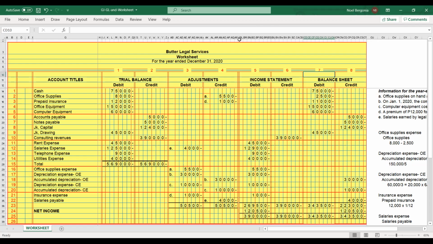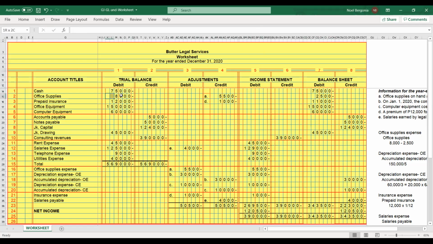So mawawala lang yung adjusted trial balance, pero ang mangyari lang din, parang 'di ba padaanan lang kasi adjusted trial balance ng trial balance plus adjustments, and then sinusort din natin siya into income statement and balance sheet. So what you can do is trial balance plus or minus adjustments, ilagay nyo na siya agad doon sa respective income statement or balance sheet column.